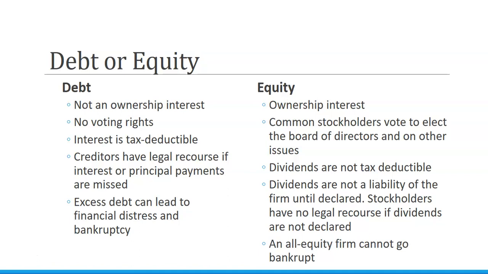So dividends are not a liability until they're declared. They don't have to be paid unless there is a provision in place like preferred stock that has guaranteed dividends, but dividends on common stock don't have to be declared or paid. So stockholders don't have the same legal recourse to collect payments as creditors do.